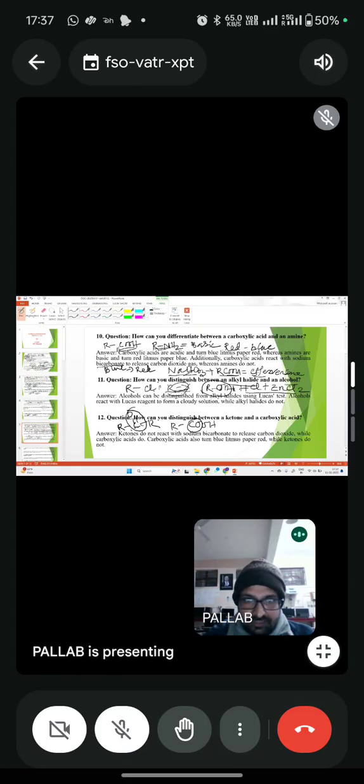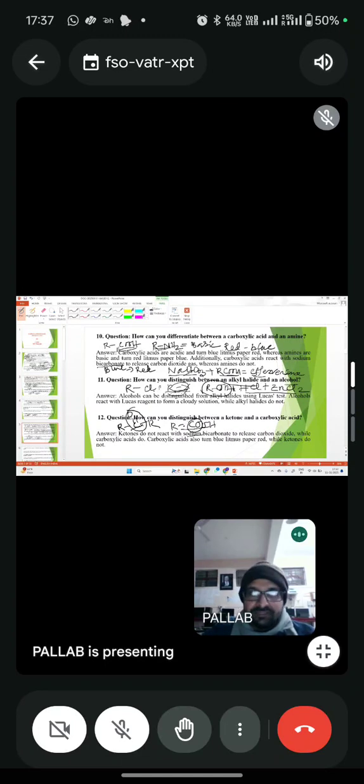We do know that a ketone or aldehyde does not have any acidic or basic character, but carboxylic acid has acidic character. So carboxylic acid will behave as an acid and react with sodium bicarbonate and produce effervescence.